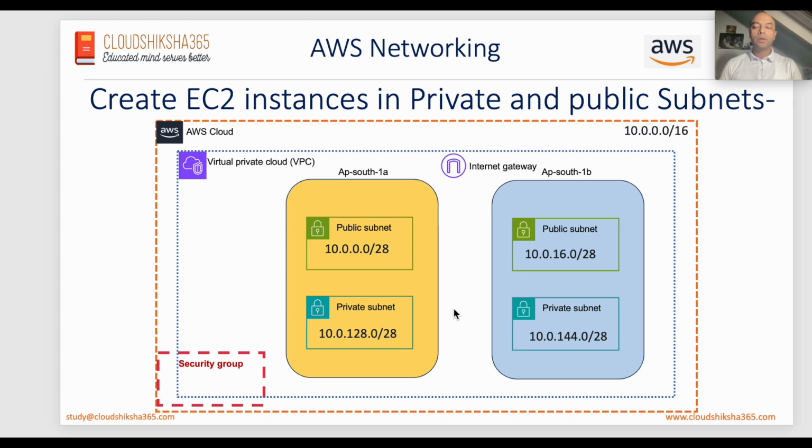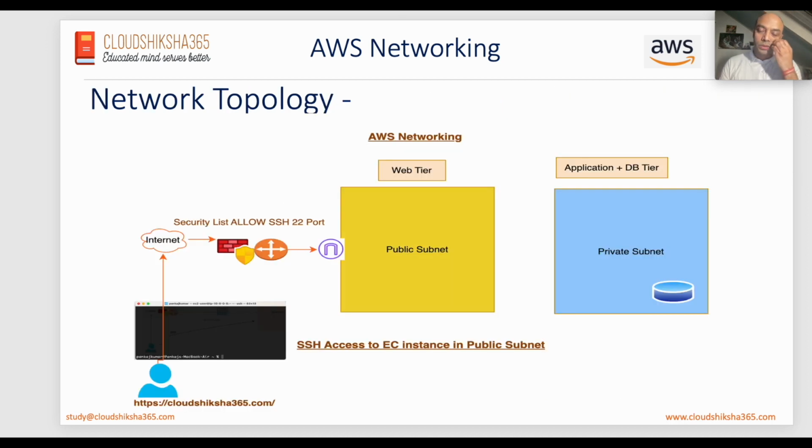Now before we progress further, it's important that you understand a few important terminologies, and you also have a clear understanding of what kind of network you are going to create and what the requirement is. So for that, let's consider a very small, very simple topology. Let's say you have one application and you want to host application instances.